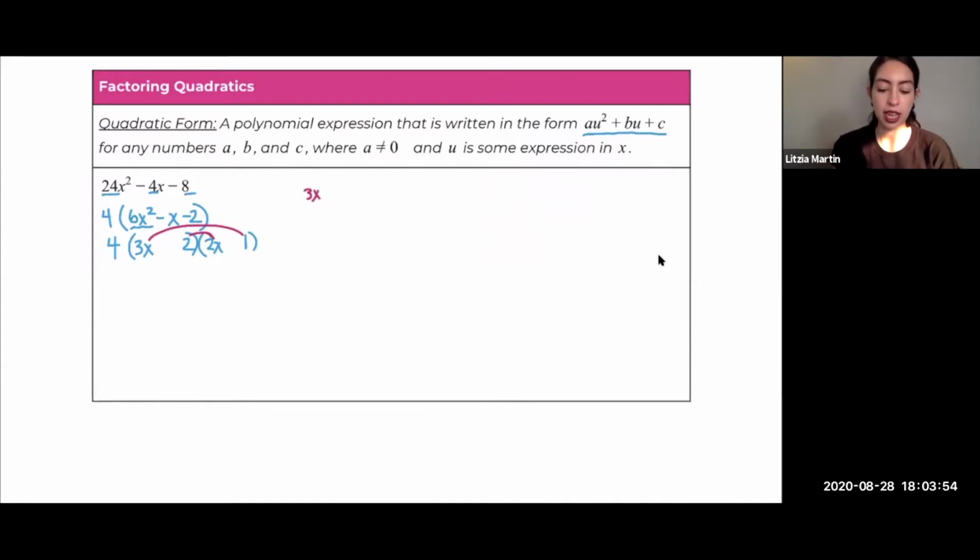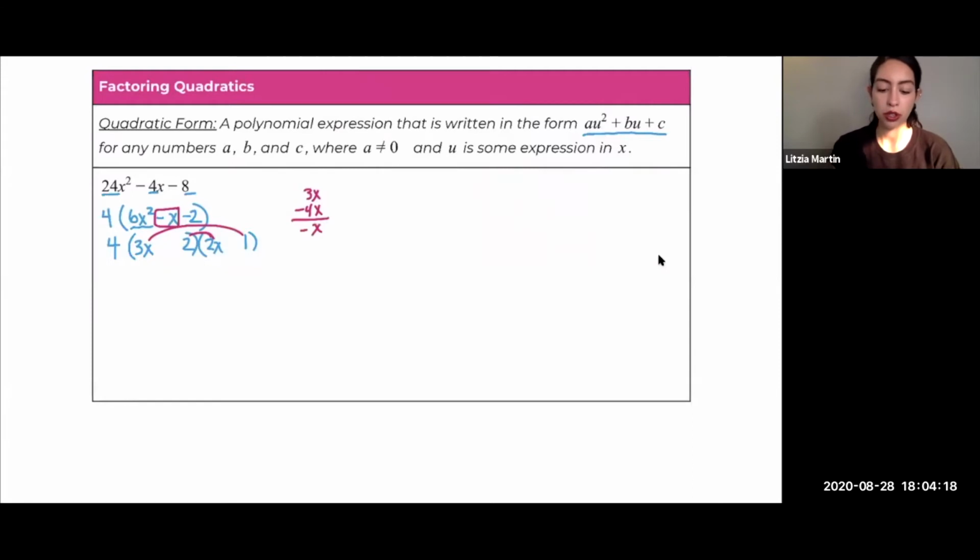Multiply the inside, 2 times 2x is 4x. And then we think, is there any way that we can add or subtract 3x and 4x to get negative x, which is what we have in the middle here? And we would be able to do so if 3 is positive and 4 is negative, because then 3 minus 4 gives us negative 1.